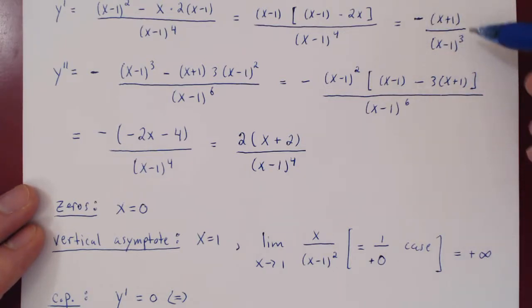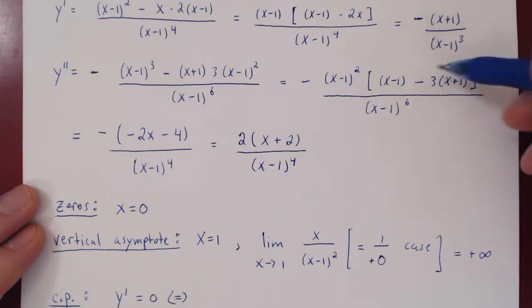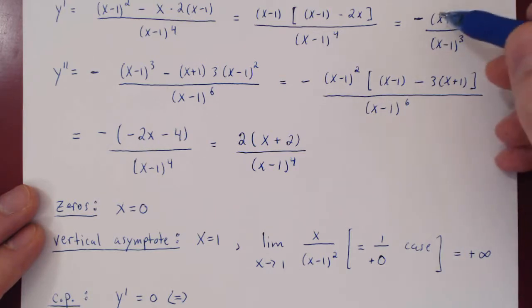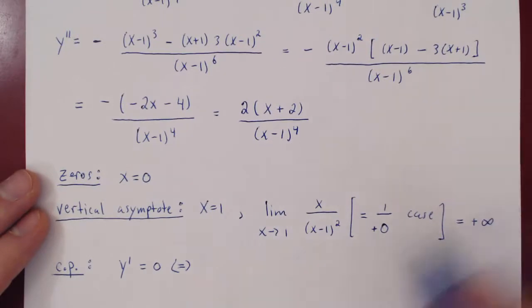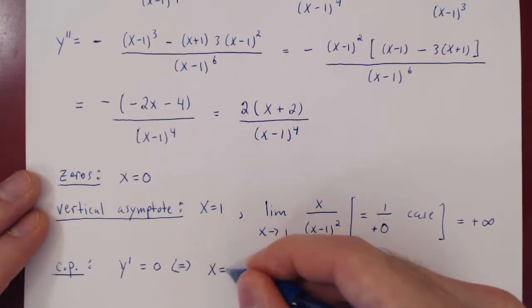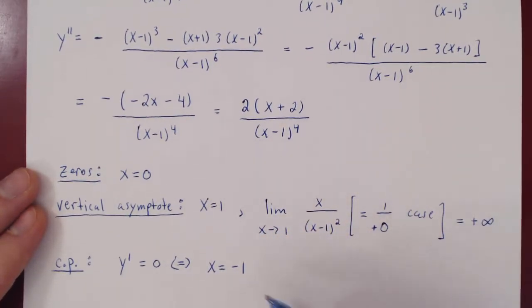It is a rational function. So the only way for a fraction to be 0 is if the numerator is 0, but x plus 1 is 0 if x is negative 1. So we have our first critical point, x equals negative 1. And because the derivative at this point is 0, at x equals negative 1, the curve will be flat.